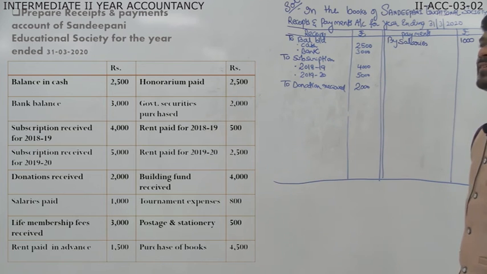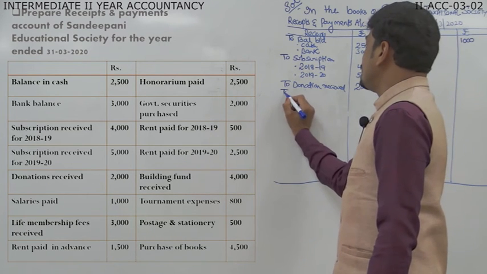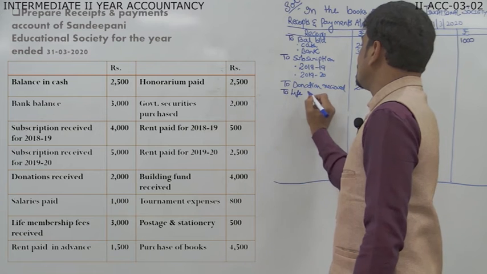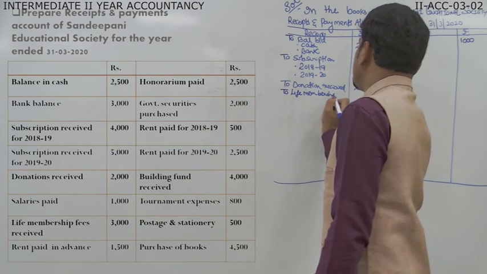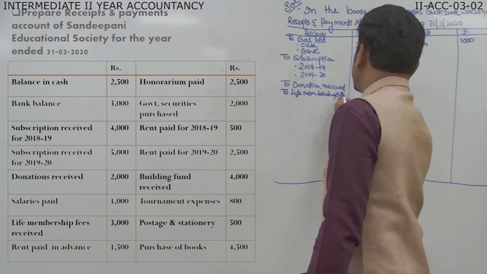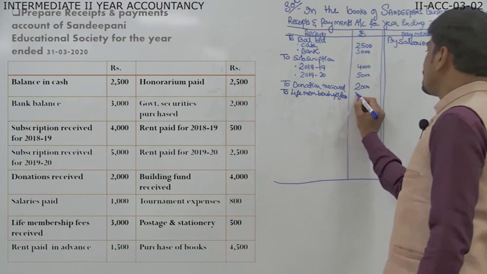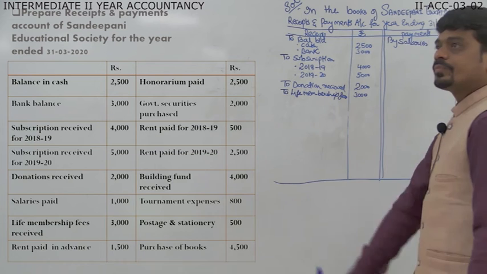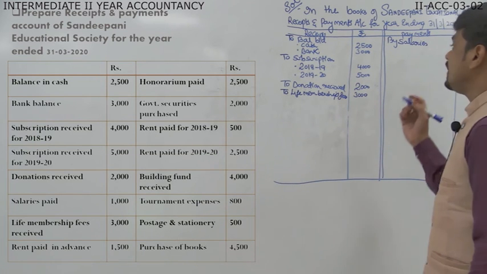Followed by life membership fee received. Again, life membership fee is a receipt. Whether they say received or not, it is always a receipt. So to life membership fees, 3,000. Then rent paid in advance. Paid is a payment.